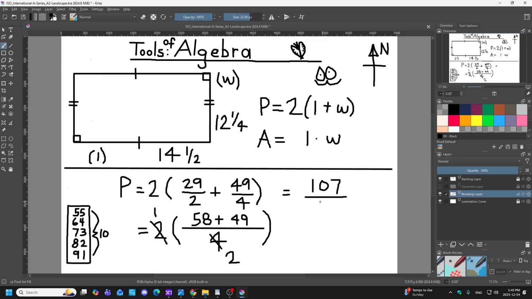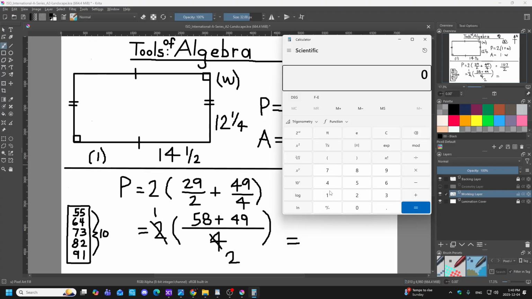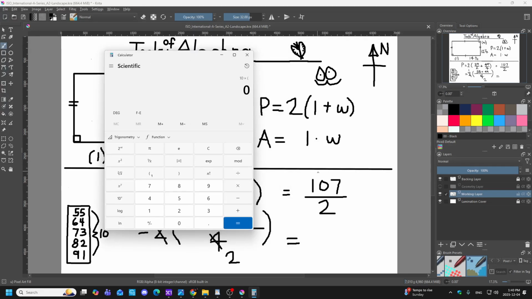It's an odd numerator. So we got to get close to 107 without going over. I'm just going to do this quickly. 107. Whoops. I know it's going to be 50, right? 56. What's half of 56? That is the answer.